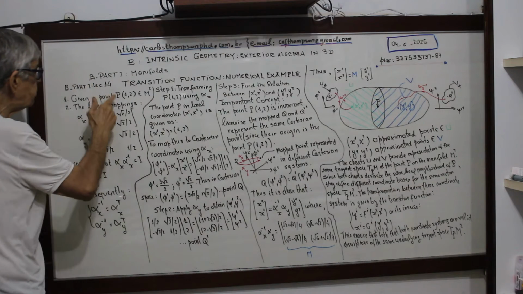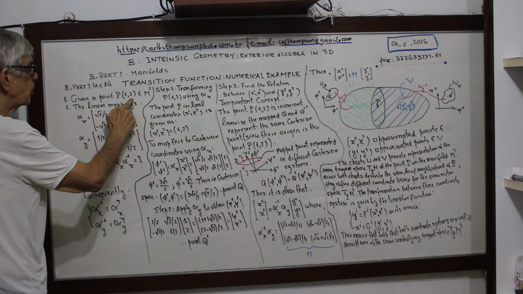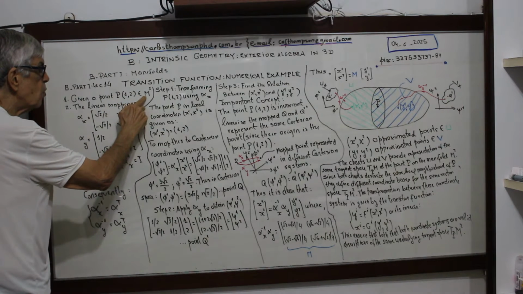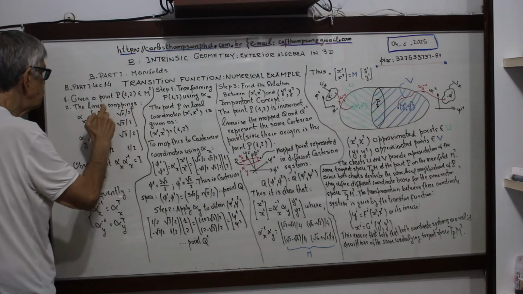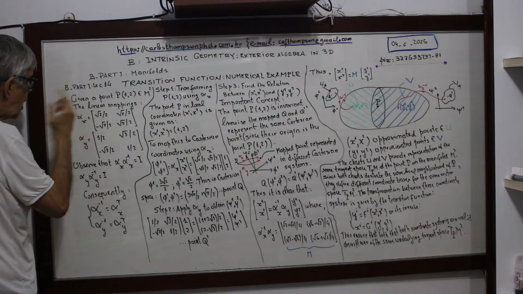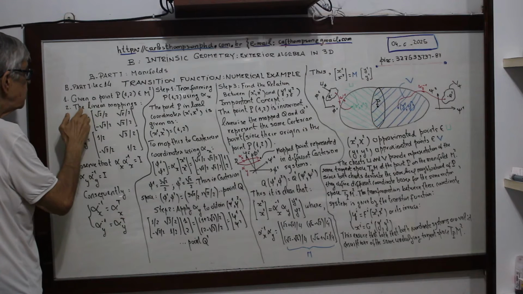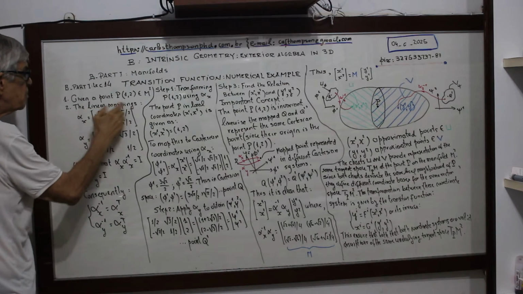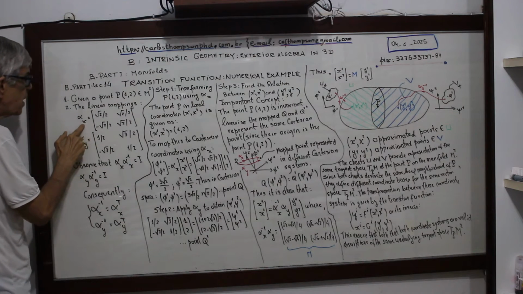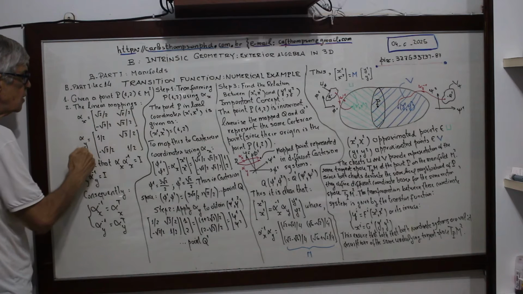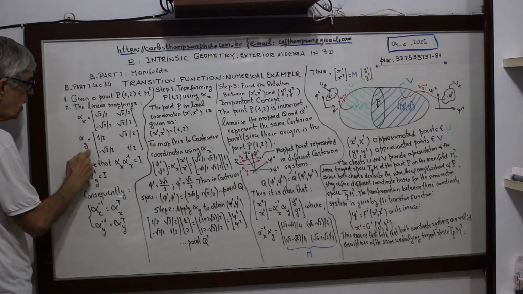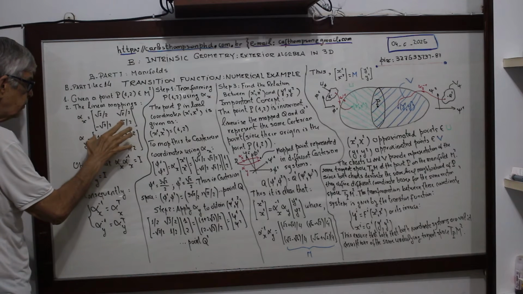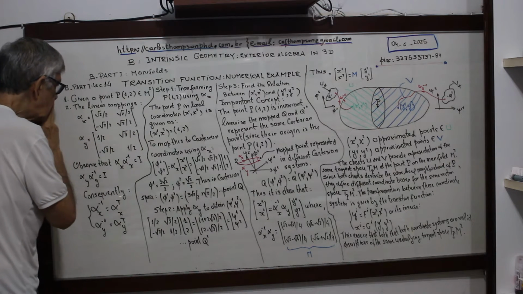Now, given a point P(1, 2) belongs to the manifold, a two-dimensional manifold, M2. Also, consider the linear mappings alpha sub x, this is a 2 by 2 matrix, and alpha sub y, this is a 2 by 2 matrix.